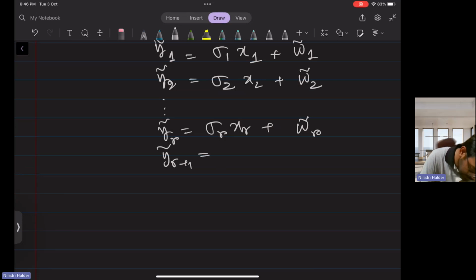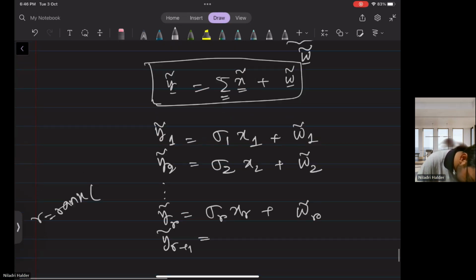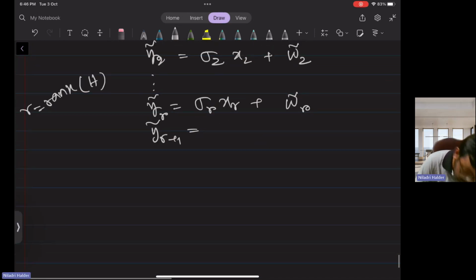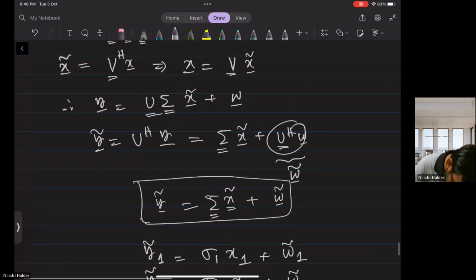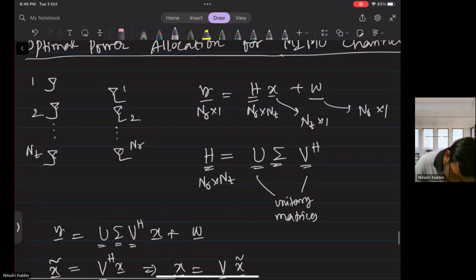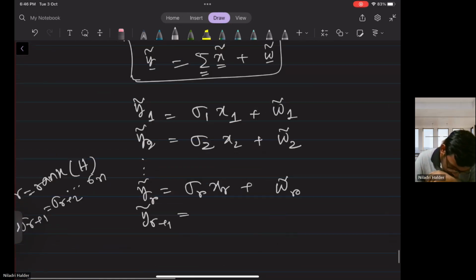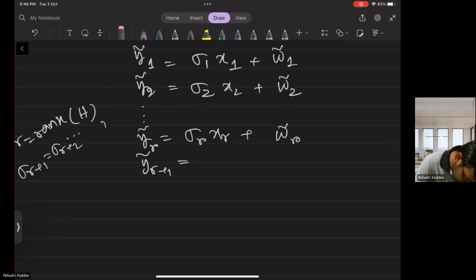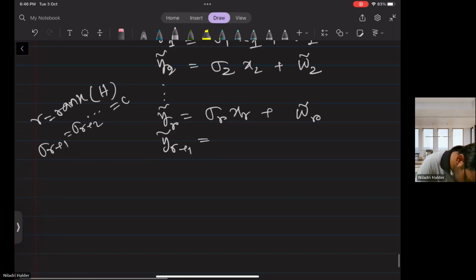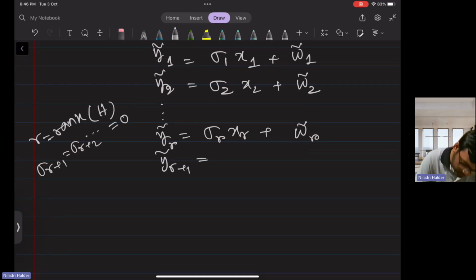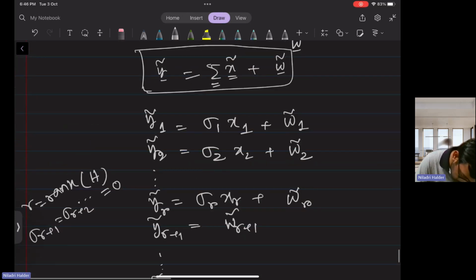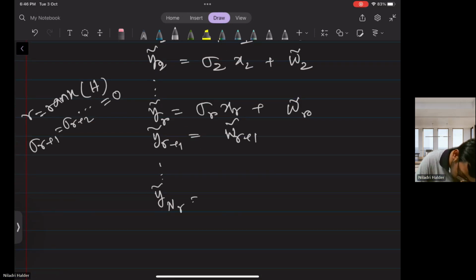So r is the rank. Okay, so y tilde r plus 1 is equal to 0 because sigma r plus 1 equals sigma r plus 2 and so on, all the higher singular values are 0.